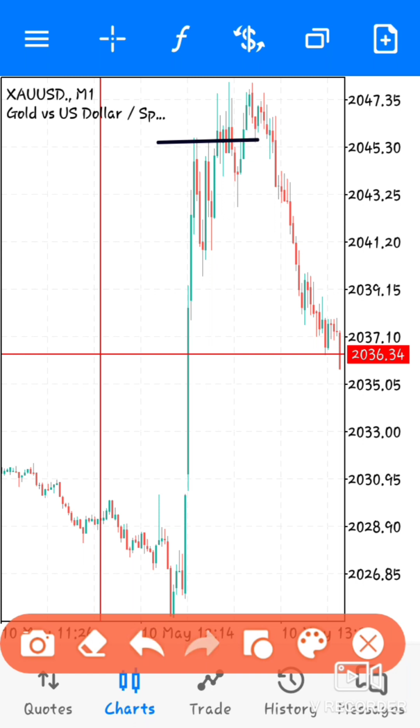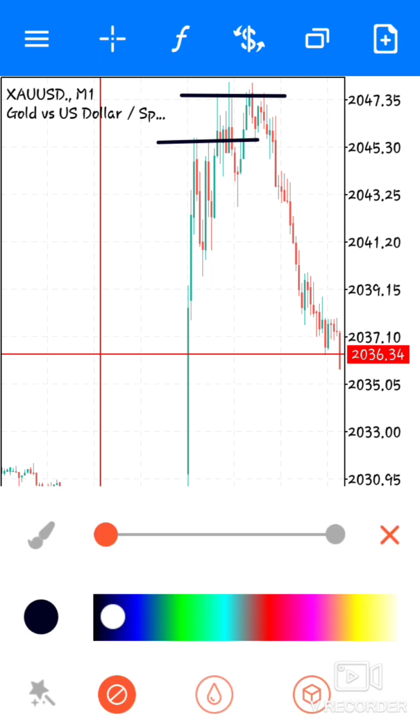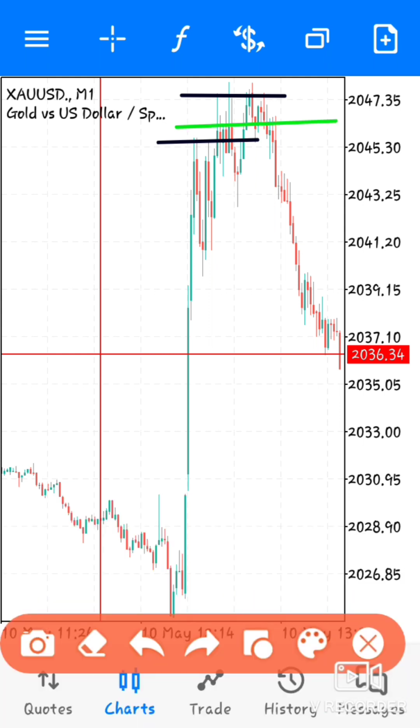You can see liquidity was taken there, and here again liquidity was taken. After this happens, you want to wait for price to come back and break this support level, which was previously resistance. Then you sell at a pullback. That's very simple.